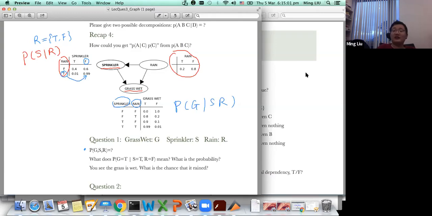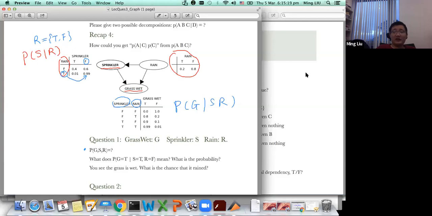Can you type into the chat window? What is P of G, S, R?